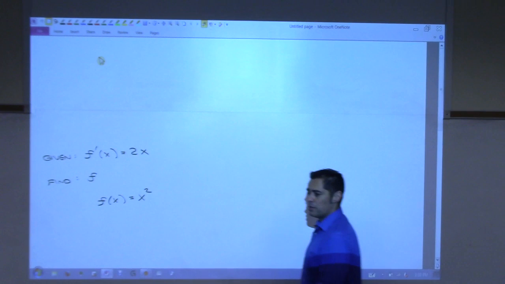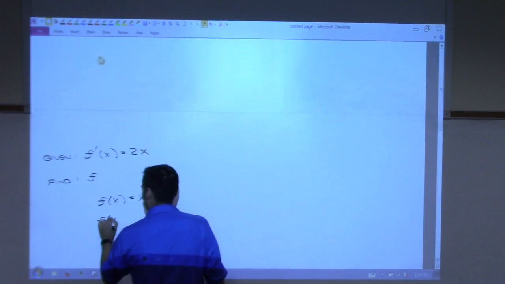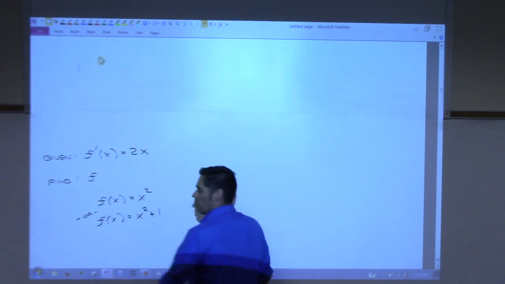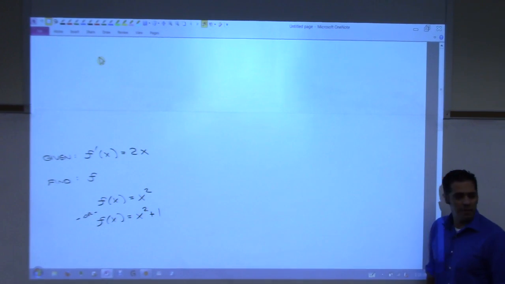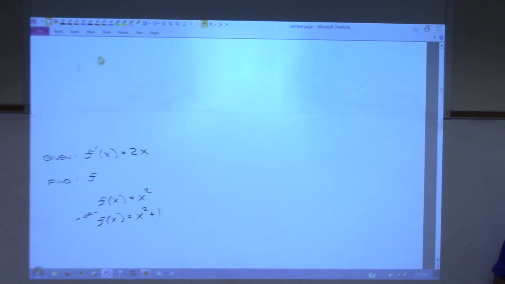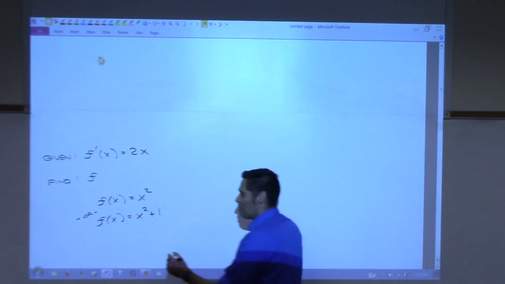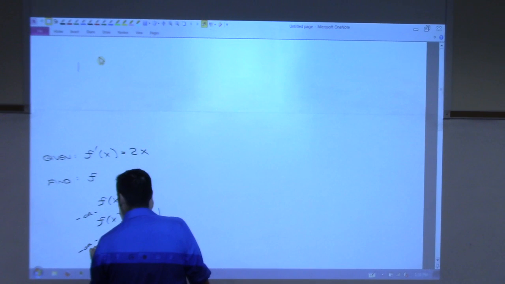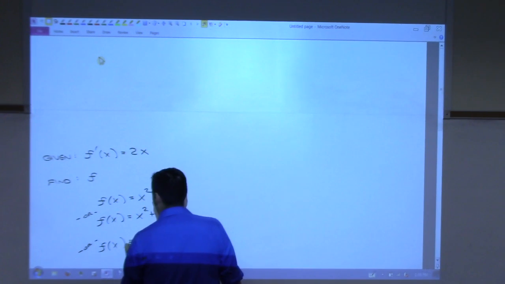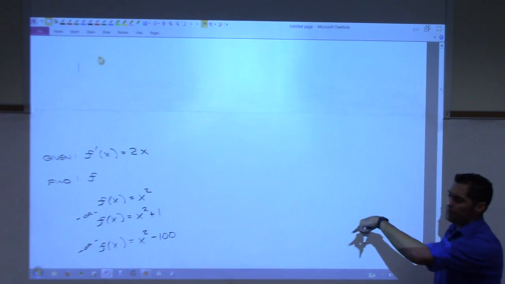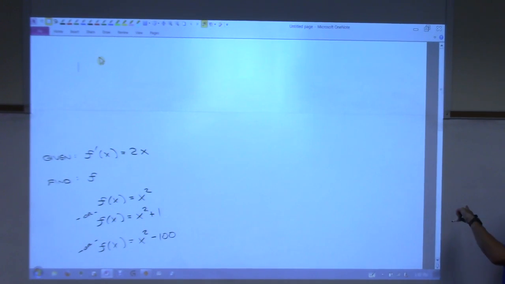X squared plus 1 would have worked, right? Because the derivative of the constant is going to go away. It's not going to matter, is it? But by that same argument, it could have been an infinite number of them. It could have been x squared minus 100. Not a constant in front, though. Not like 3x squared. That wouldn't have worked.